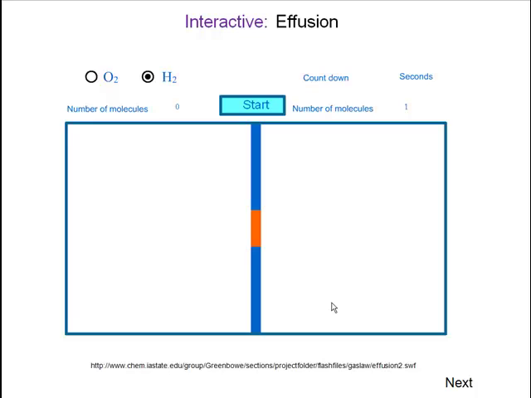Let's say we had a sample of hydrogen gas. Number of molecules here. See if I can get this started. There we go. So at this time you can see you have 18 molecules on the right, and 1, 2, 3 molecules on the left.